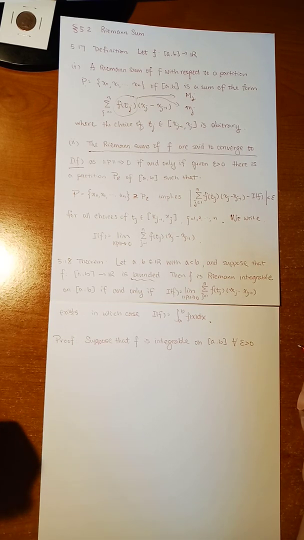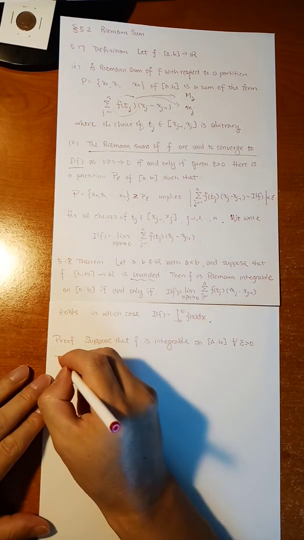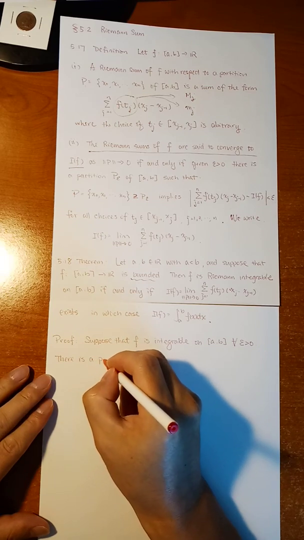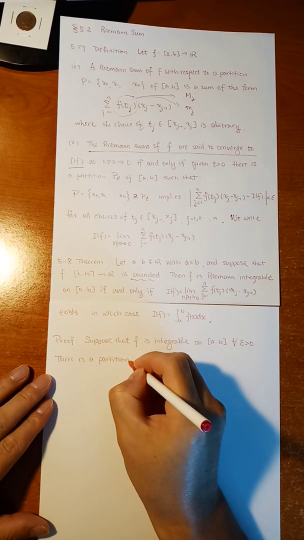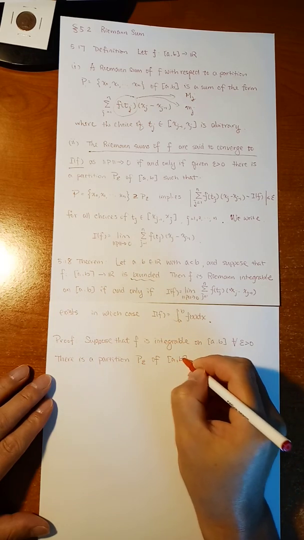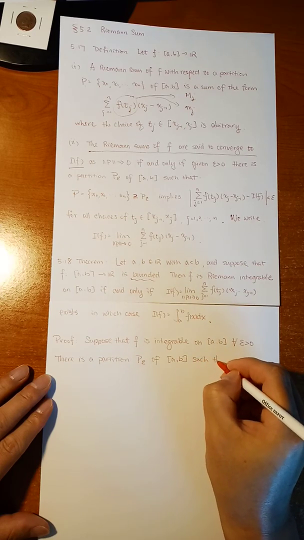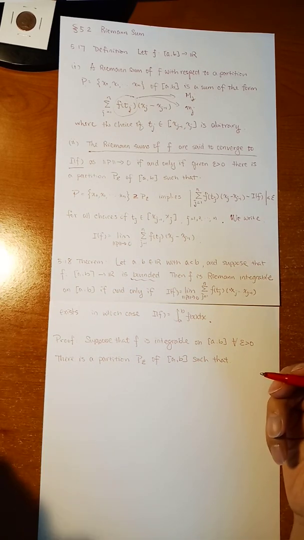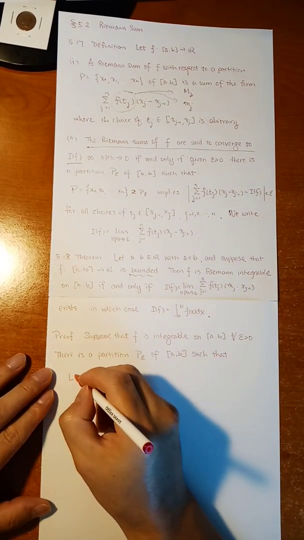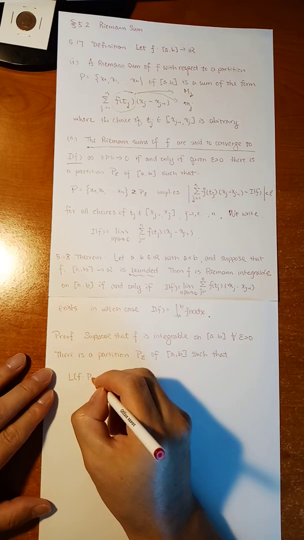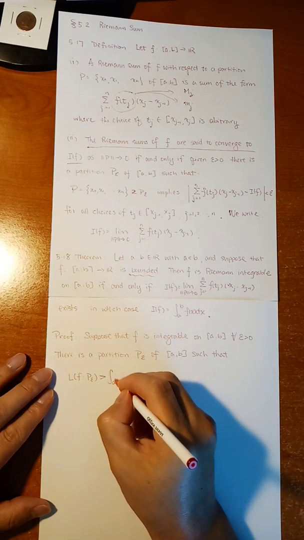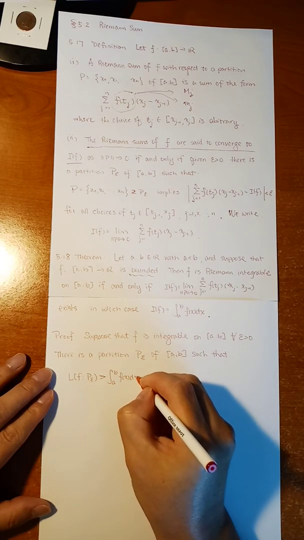Integrability means there is a partition, we also call it P_epsilon of [a,b], such that the lower sum of f with respect to this P_epsilon is greater than the integral of f(x) dx minus epsilon.